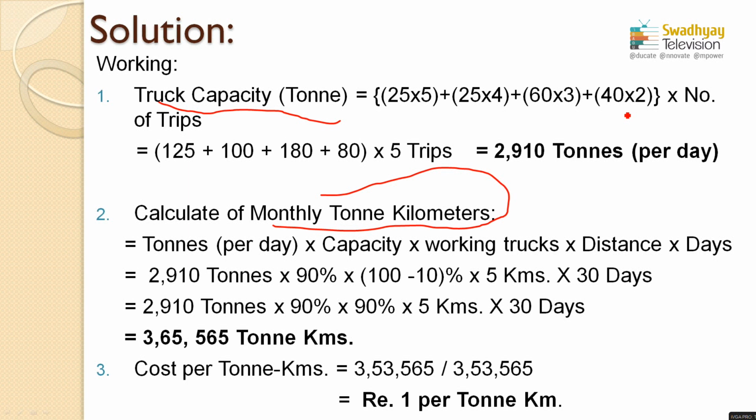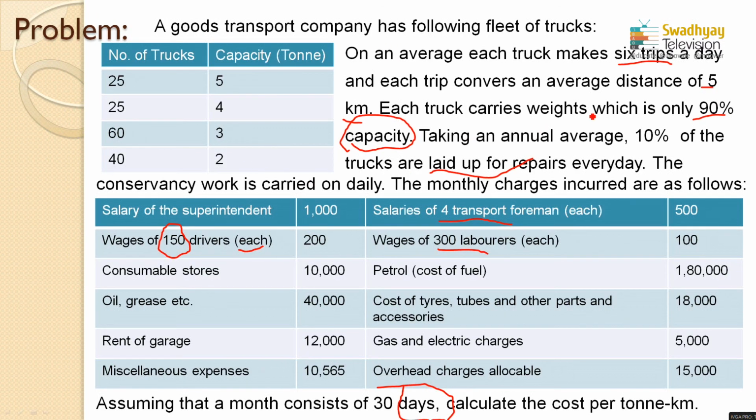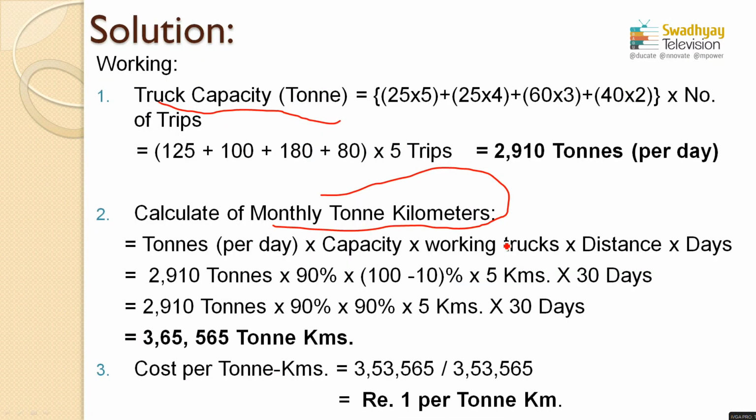The multiplication is done for each capacity with its number of trucks, and then the total of these multiplications is multiplied by the number of trips, how many trips they have per day. Here it is written 6 trips a day, which is the number of trips considered. So here 125 is the first part, then 100, then the third is 60 into 3, which is 180, and 40 into 2, that is 80.